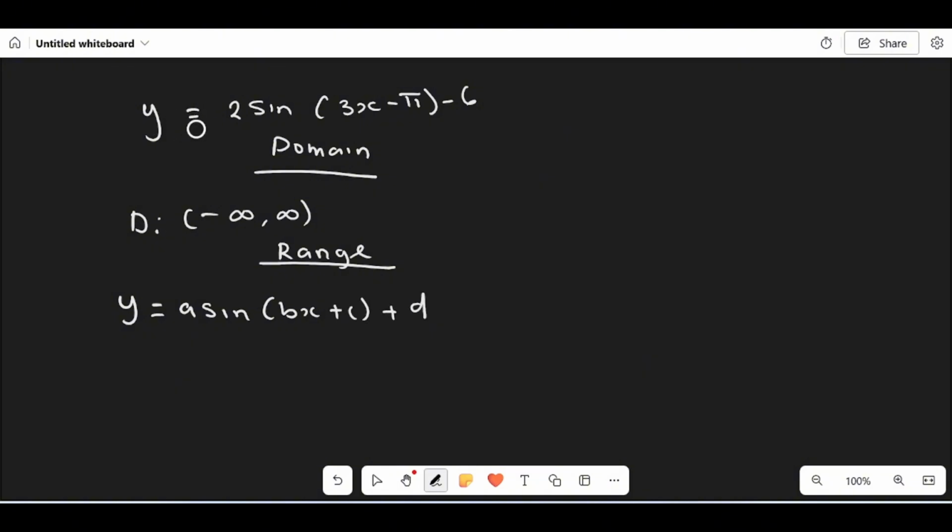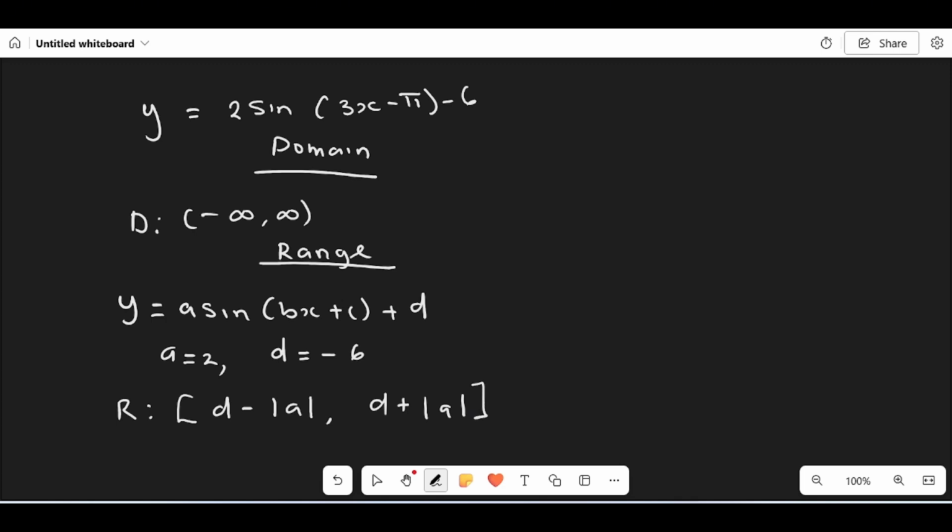If we compare this function and this function together, we can see that a equal to 2 and d equal to minus 6. Our range is [d minus absolute a, d plus absolute a].